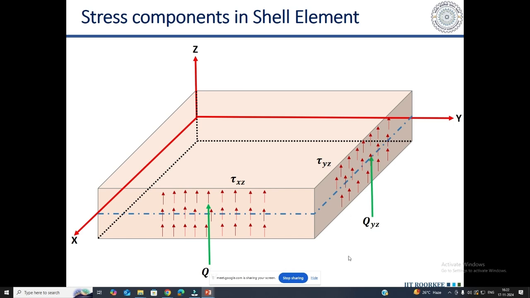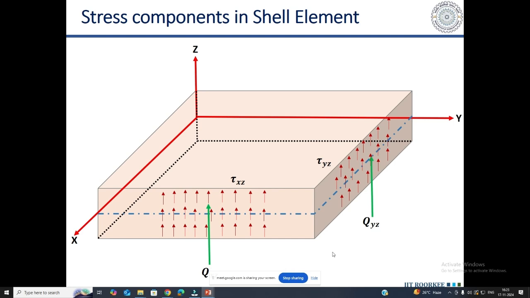Next, you might also have shear stress. Now this shear means the load acting along the z direction. We can denote this by q, p or something, any alphabet you can use.